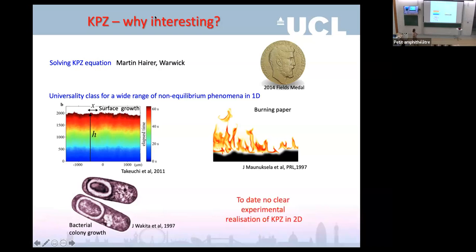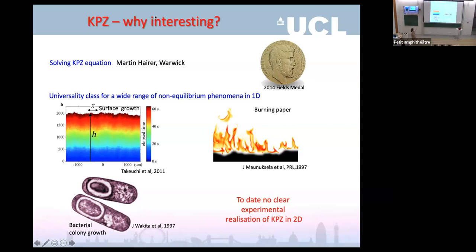And to date, at least, although some people might argue, there is no clear experimental realization of KPZ in 2 dimensions. All the experimental cases are in 1 dimension. And moreover, and this I can say with certainty, there is no other system where the variable will be a compact variable. All the other examples of KPZ are for a continuous variable.